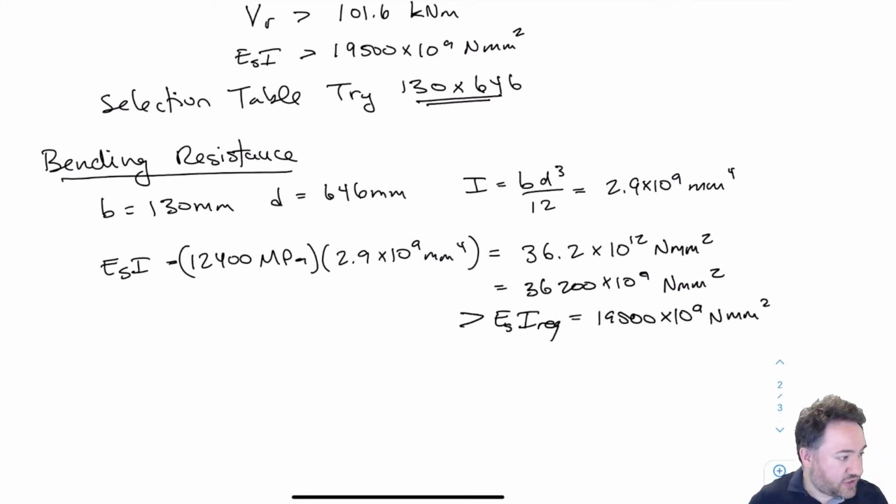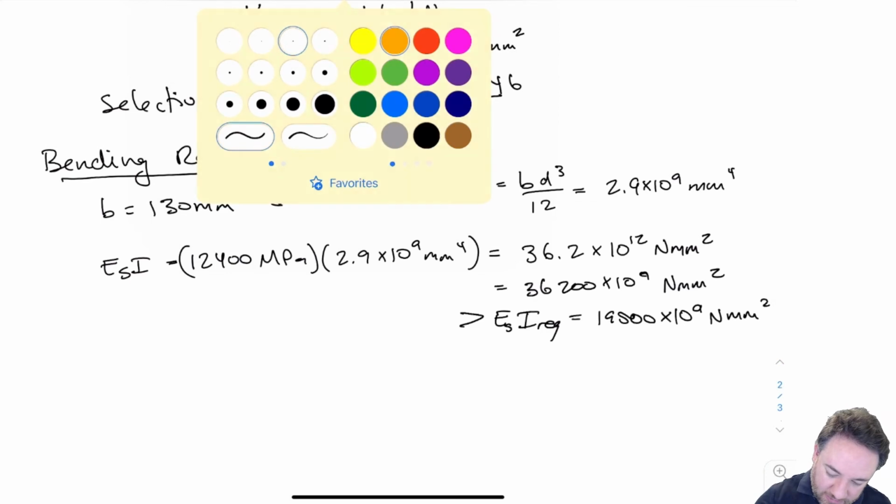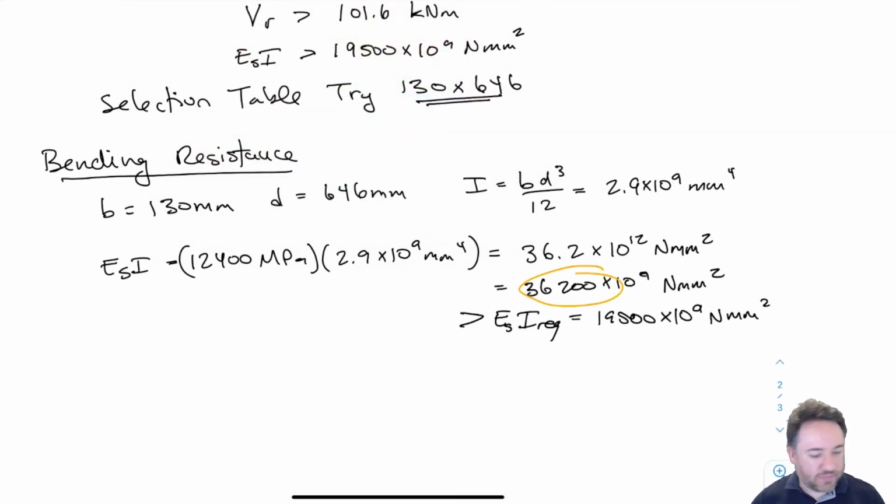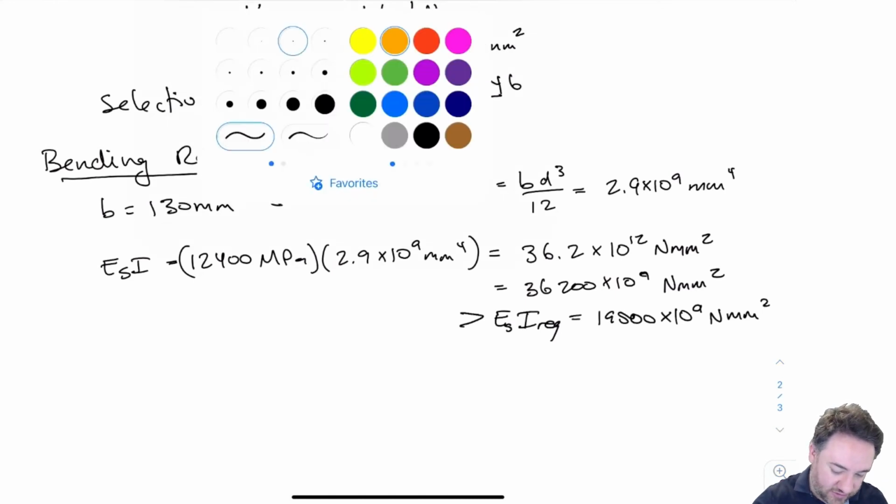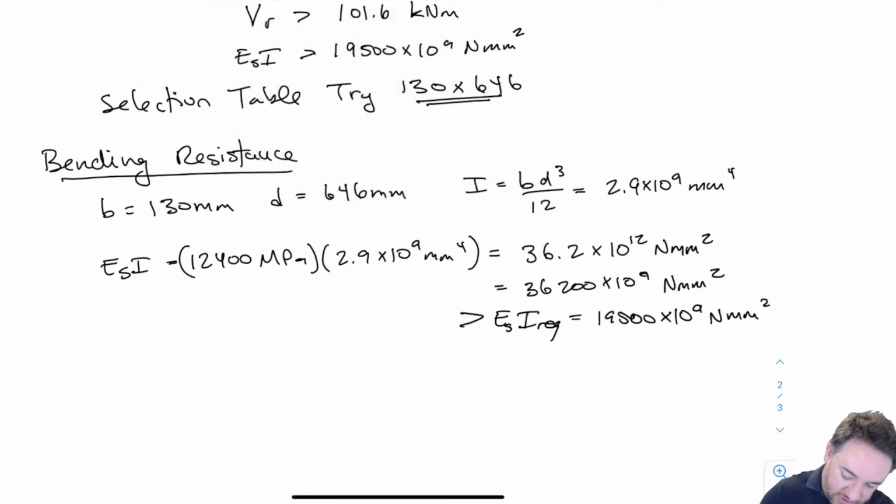Okay, so just laying out the geometry of the beam that we've selected, b is 130, depth is 646. I've calculated my I manually and checked manually the EI just to do a sanity check. This is the number that we got out of the table for this beam, and everything seems fine. So we're satisfying our deflection criteria. So that's great. Deflection is okay.